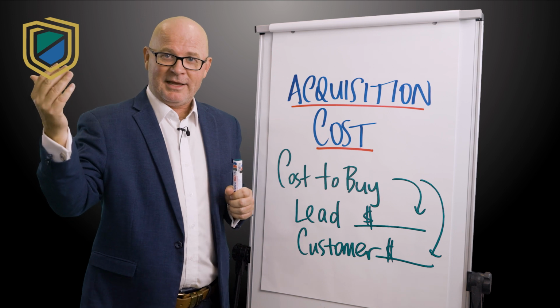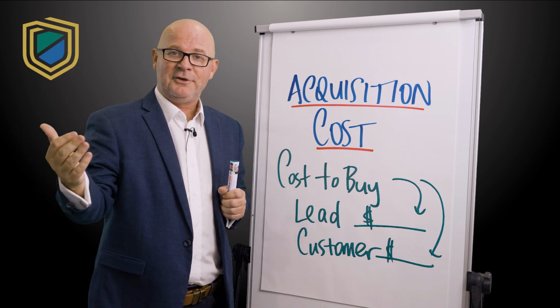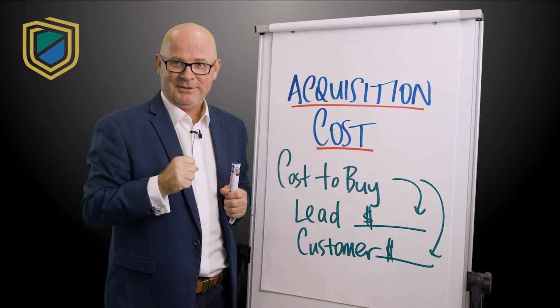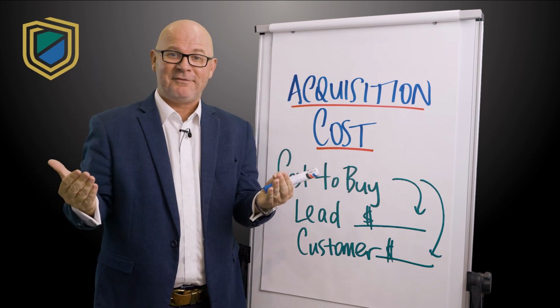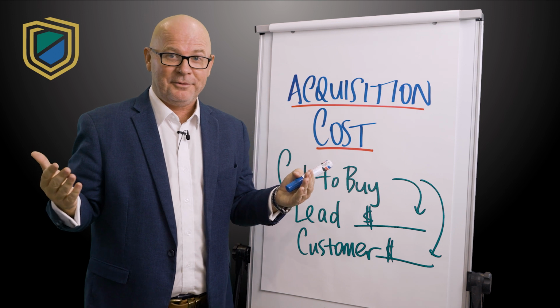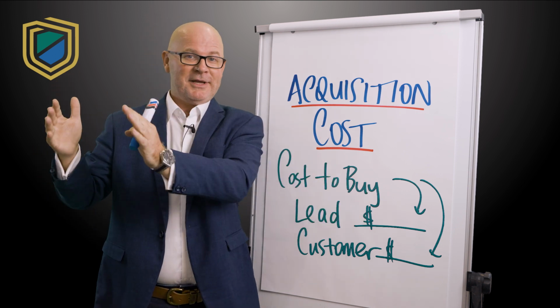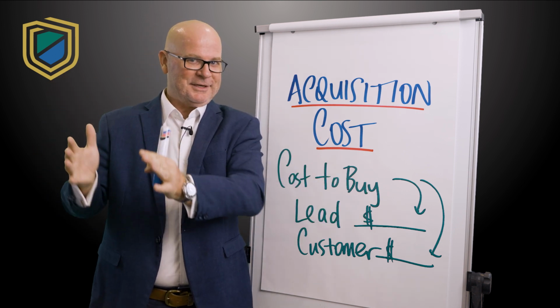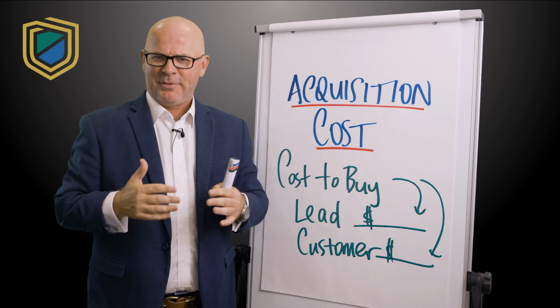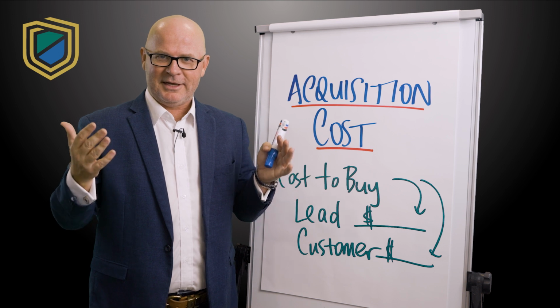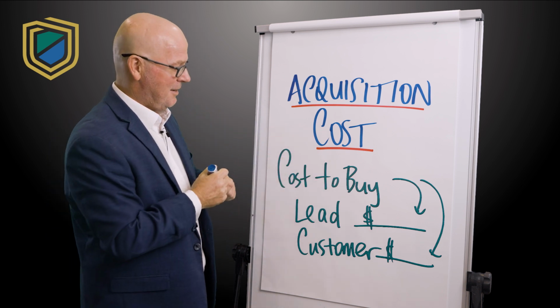If you were to spend $1,000 over here and you got 100 customers, you would only be spending $10 per customer. If you knew that information, what would you be able to go and do? You would suddenly go, well, maybe I need to go and invest more marketing dollars into this strategy, right? Rather than this one over here. So knowing the number allows you to start doing a decent job of understanding your marketing mix.